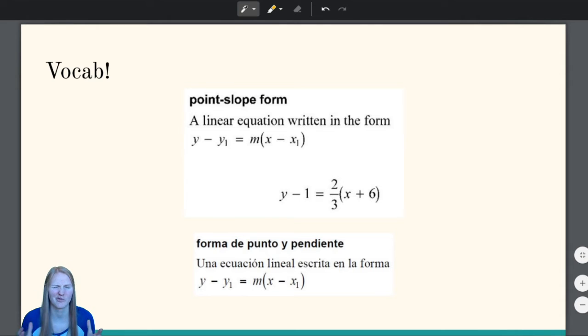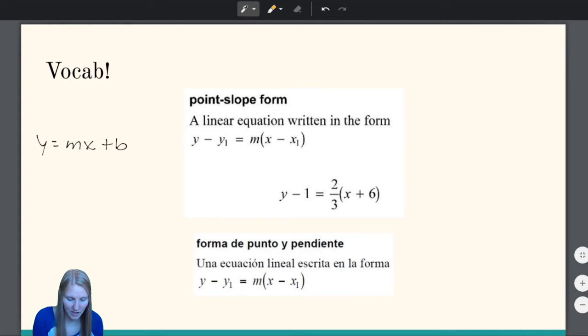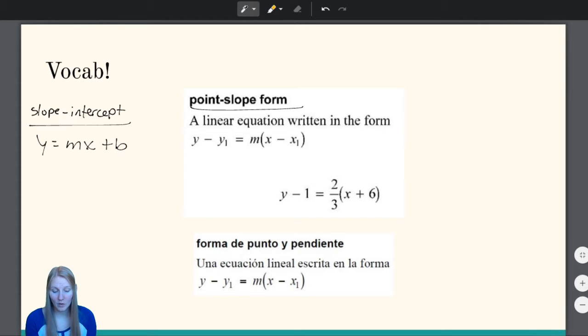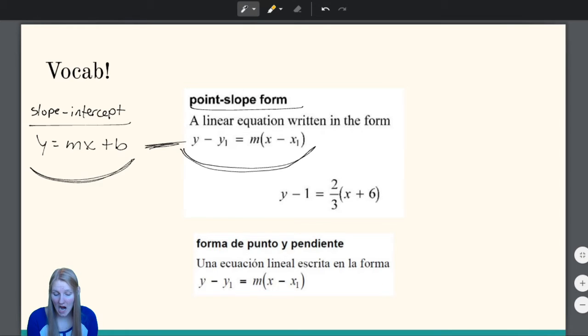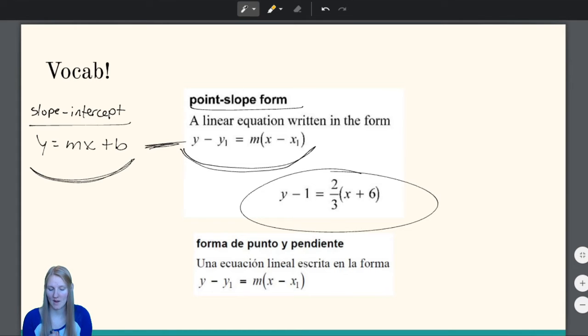Well, point-slope form is a linear equation, so we're still talking about lines, but instead of being written in y equals mx plus b, remember that is slope-intercept form, point-slope form still talks about lines, but instead of being y equals mx plus b, it's y minus y1 equals m times x minus x1. So it looks something like this. Y minus 1 equals 2/3 times x plus 6.